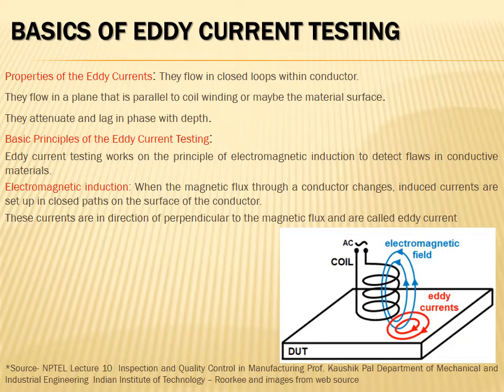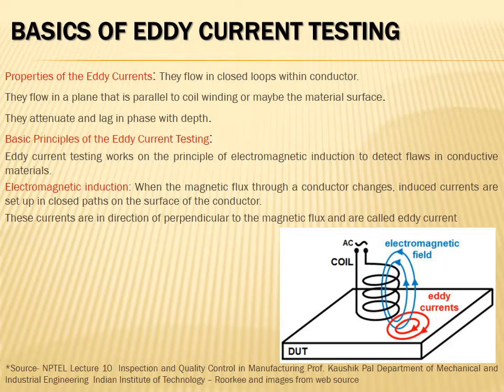Now, what are the basic principles of eddy current testing? Eddy current testing works on the principle of electromagnetic induction to detect flaws in conductive material. That is important: in conductive material. We just discussed electromagnetic induction.